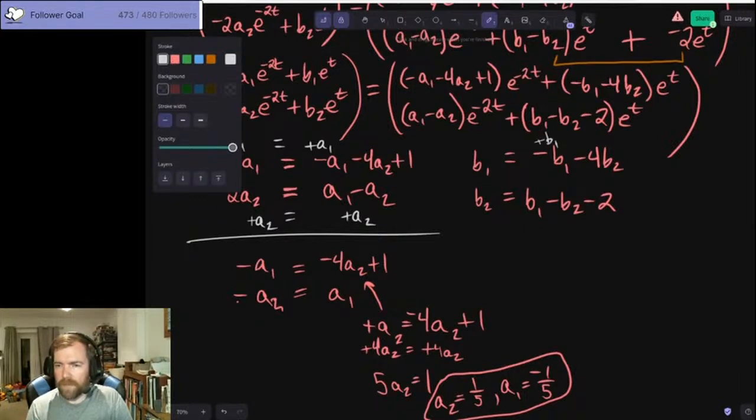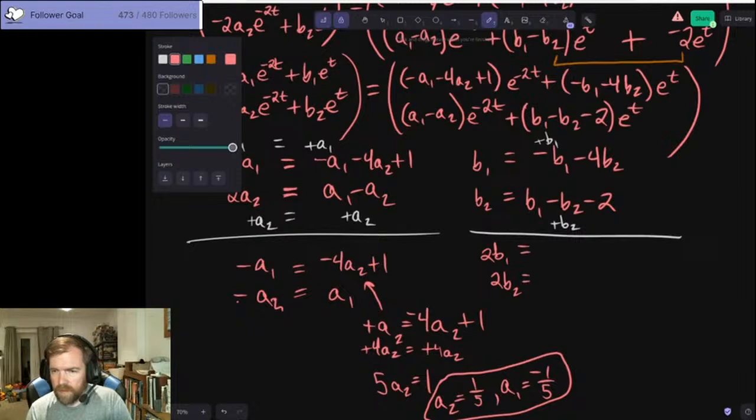Add b1 and b2 respectively. Yep. Gonna get a 2b1 and a 2b2. Alright, negative 4b2. And here we're left with a b1 minus 2.